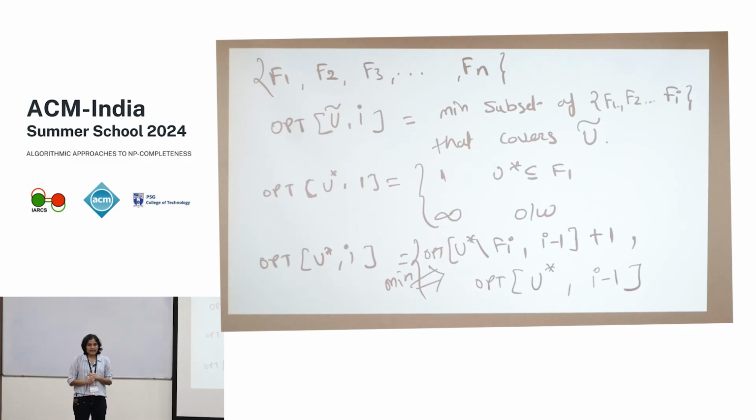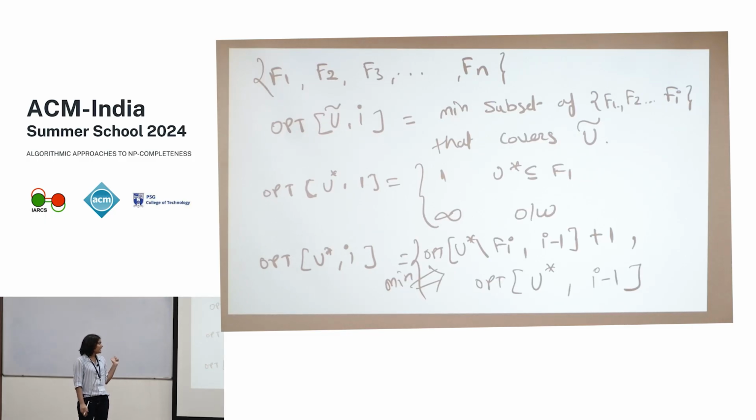In every dynamic programming algorithm, you can use the trick of backtracking. Just backtrack where you are getting the solution from, and then you can construct the solution. You can use this trick in any dynamic programming algorithm. So here also I can just do the backtracking, and find out which subsets give me the minimum size and cover the universe.